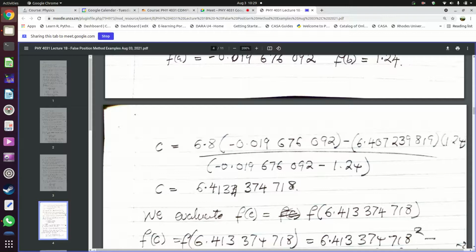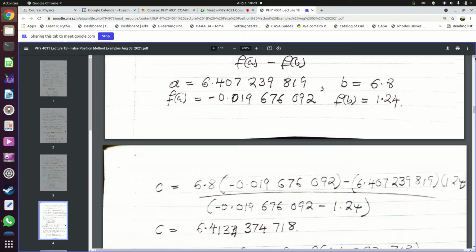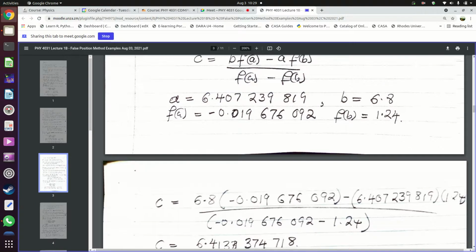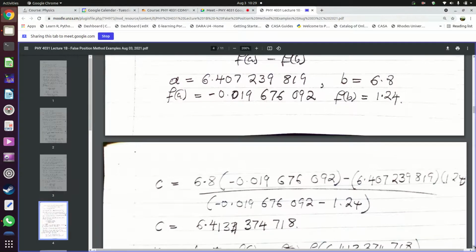So basically you can continue doing this, but you need to realize that sometime after you reach a solution which is sufficiently okay, the solutions you're going to get are going to change very slowly from the other ones, because already what you see, this is our new C. It is 6.413.